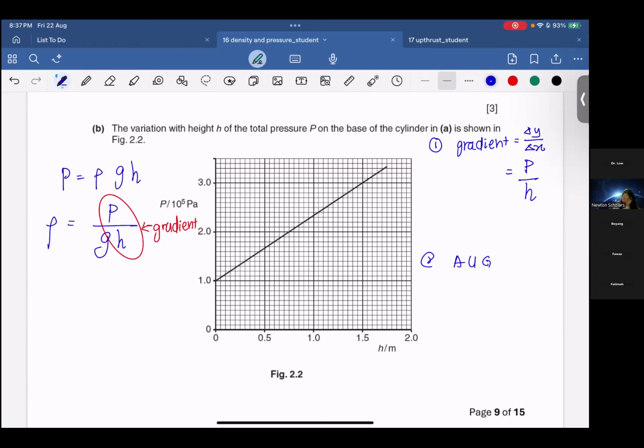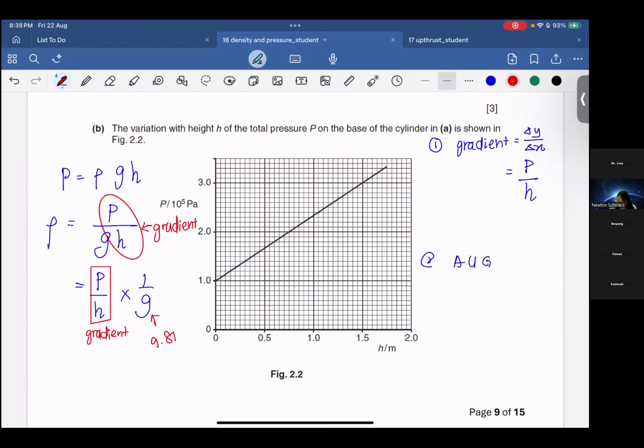So I rearrange it as P over H times 1 over g. Boys and girls, for the question just now, you have to find the gradient times 1 over g. What is g? 9.81. Then you will get the answer for density.